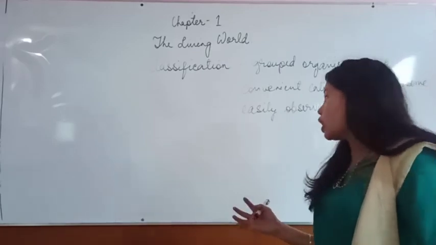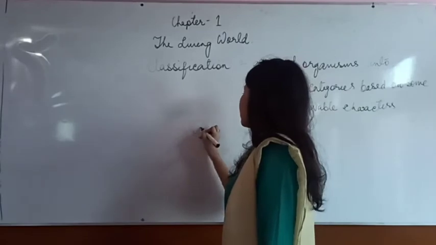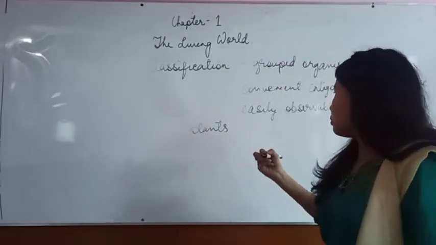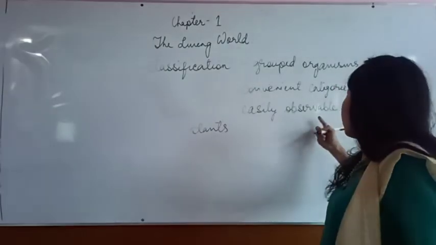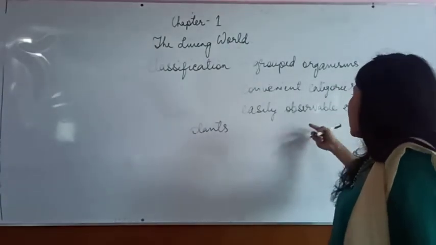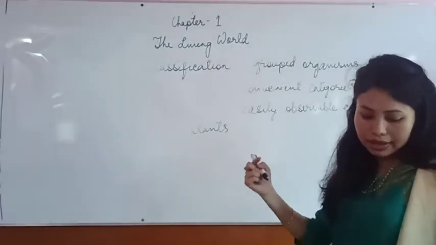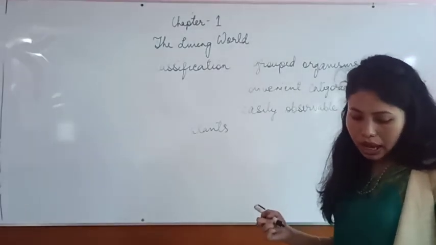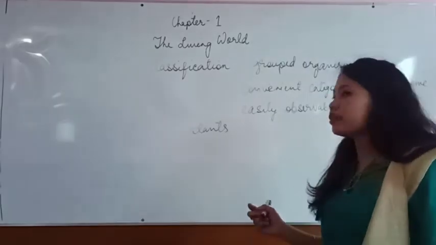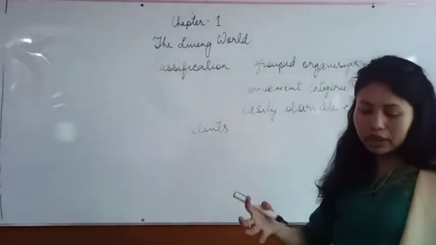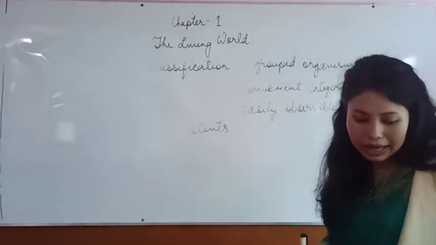So for example, when we talk about plants, you will get to understand more about what we mean by easily similar or observable characters. Let's take an example of plants. When we say plant, we have different types of plants. You can see plants growing in water, and you can see plants growing on land.